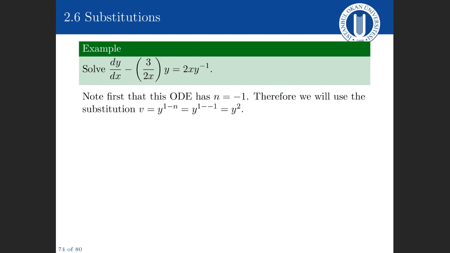We always use the substitution v is equal to y to the power 1 minus n, which for us is 1 minus minus 1, or y squared. To solve this differential equation, we're going to use the substitution v is equal to y squared.